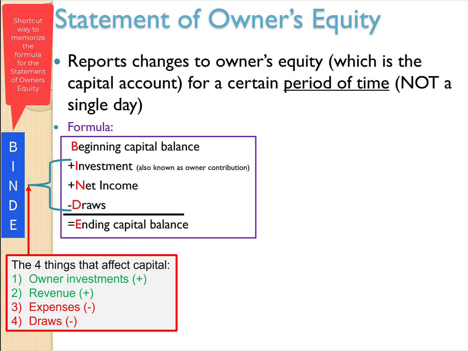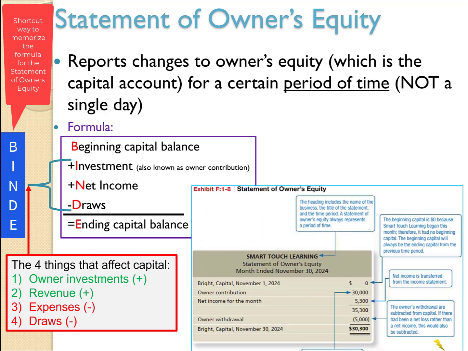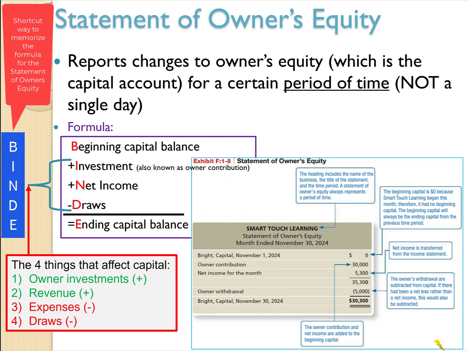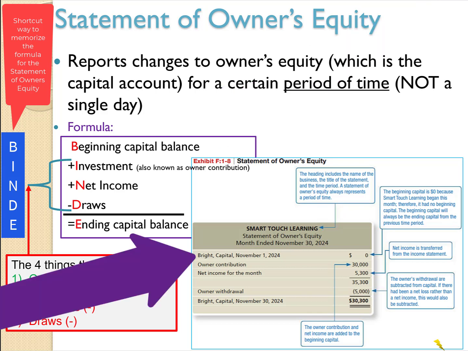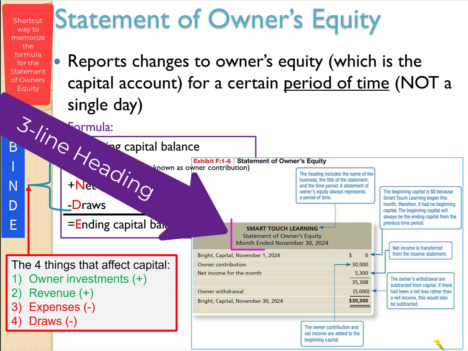So let's look at an example of a statement of owner's equity. Notice our formula starts with beginning capital, so the first thing that they have on their line is Bright, comma, capital, so the owner's name must be Bright, November 1st, 2024. Now let's go up and look at the three-line heading. What time period is this statement of owner's equity for?